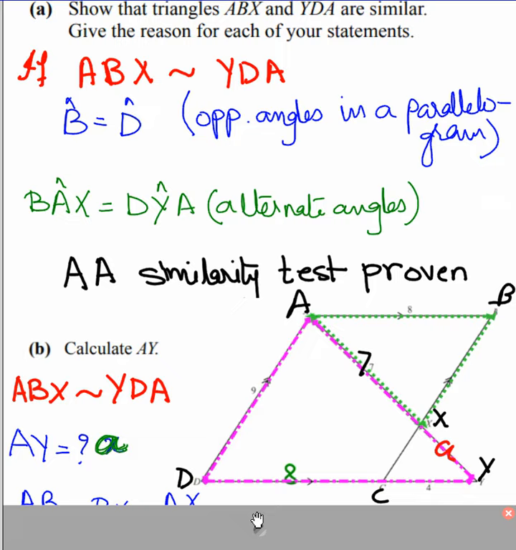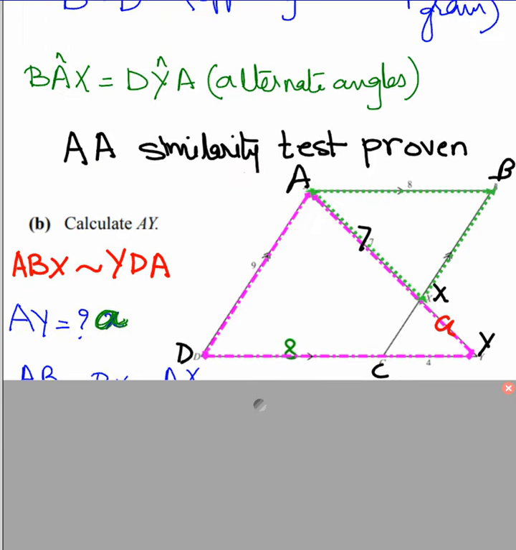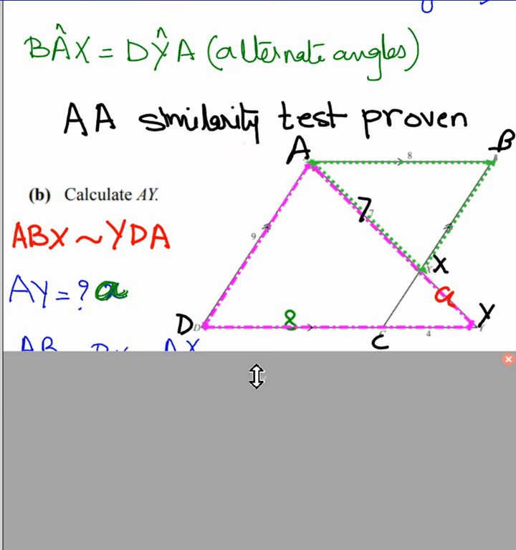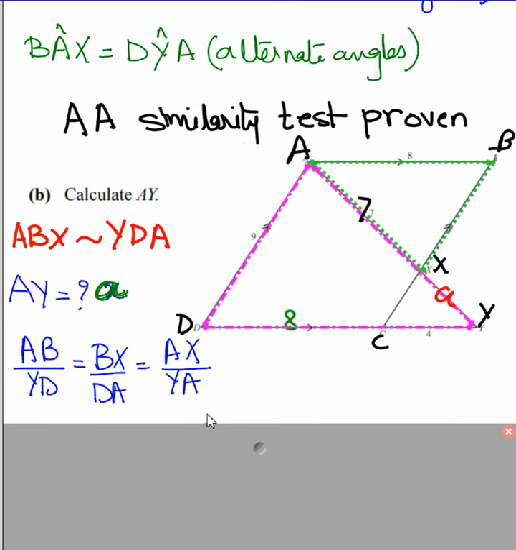Okay. So now if you see here, because we have proven that it is a similar triangle, we can write down the ratio of the 3 sides. And you must know, once you have proven that ABX is similar to YDA, then the ratio of AB with YD is equal to the ratio of BX with DA is equal to the ratio of AX with YA.